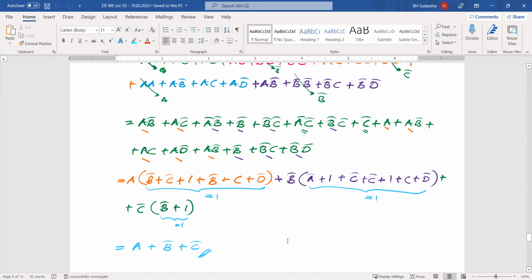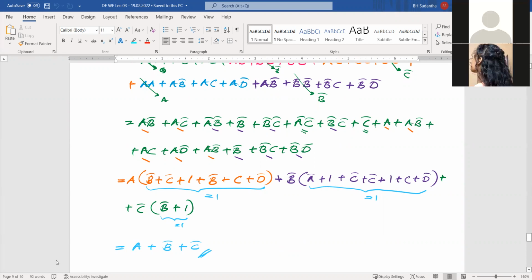Okay, fine. Then we can come to the next section. That means using the Karnaugh method, we can minimize our equations.